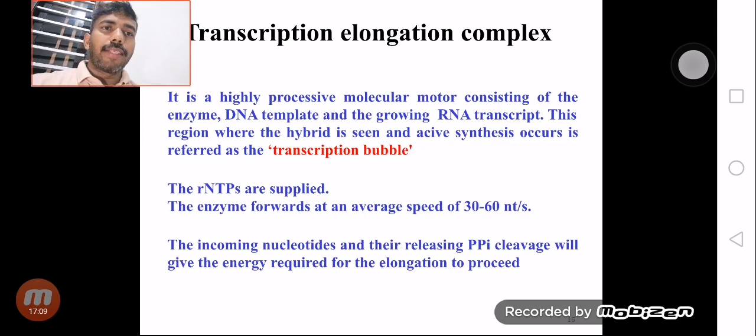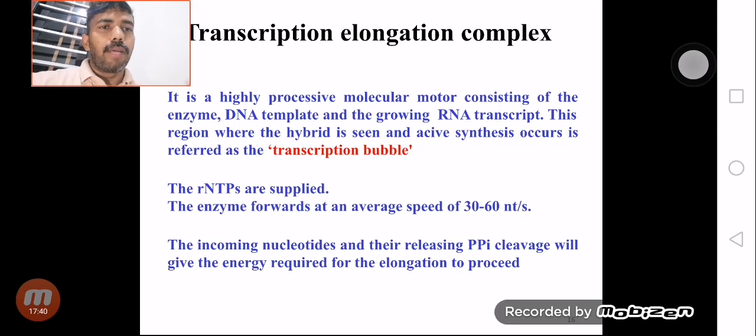Yes, then transcription elongation complex. This elongation complex is nothing but the complex of the DNA template, the growing RNA transcript, then the RNA polymerase enzyme all together, and also at the site where the transcription actively happens, there will be the melted DNA duplex, and that region will appear like a bubble, and hence it is called a transcription bubble.